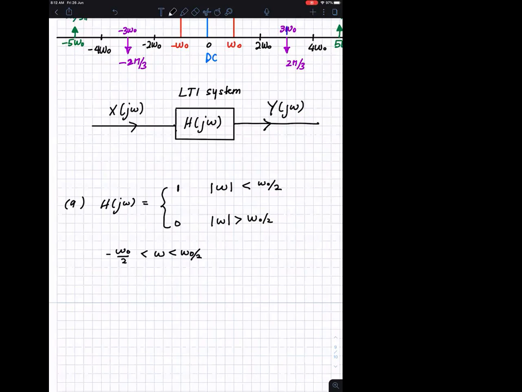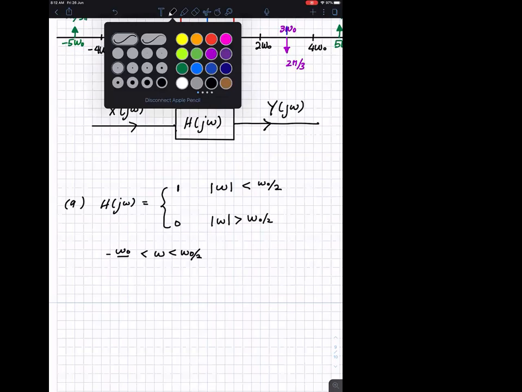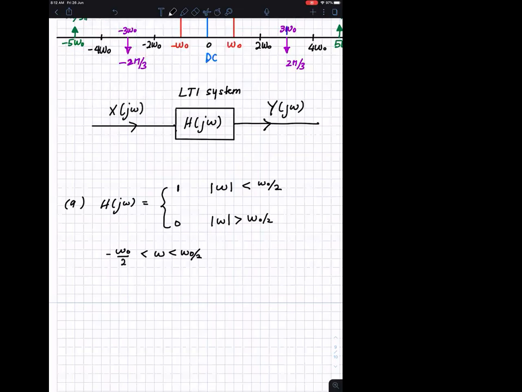It's going to be 0 when omega is greater than omega naught over 2 or when omega is less than minus omega naught over 2.